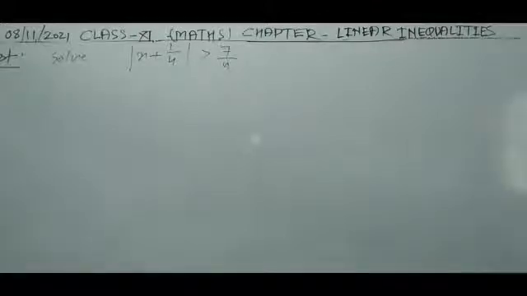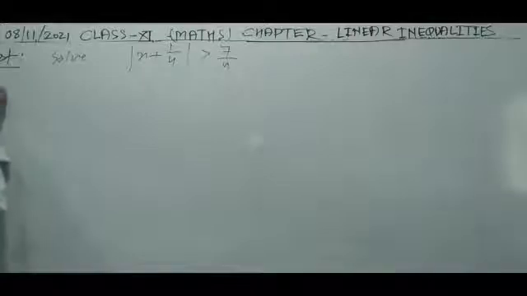Now see, this is the question: mod of x plus 1 by 4 is greater than 7 by 4. How can we write this?